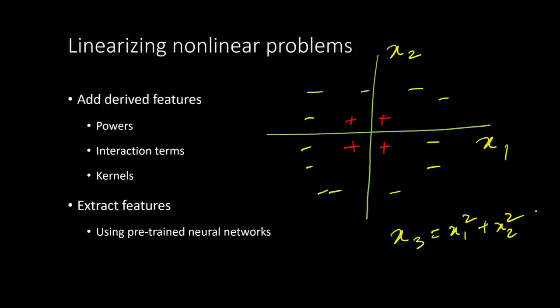Or I can take the square root of that. If I do that, then basically you will have a third feature. In the third feature, these points will be closer to the origin, and the negative points that you see will be further away from the origin. For them, x3 is large. For the positive points, x3 is small.